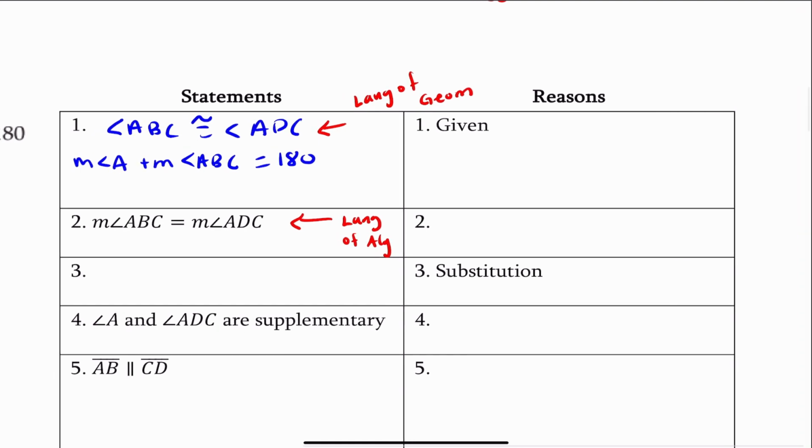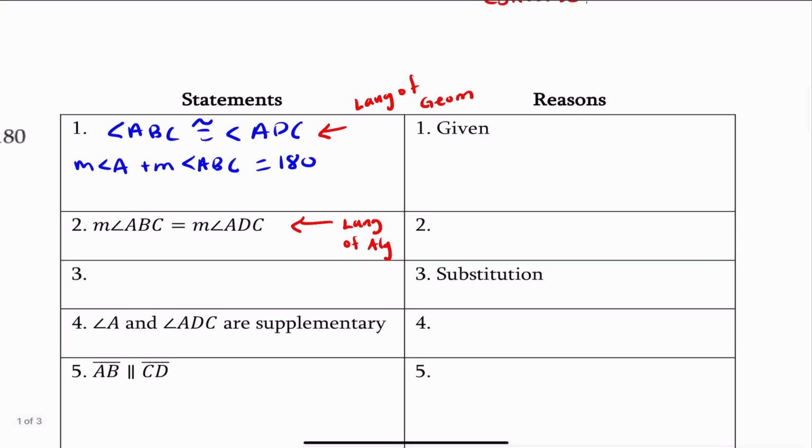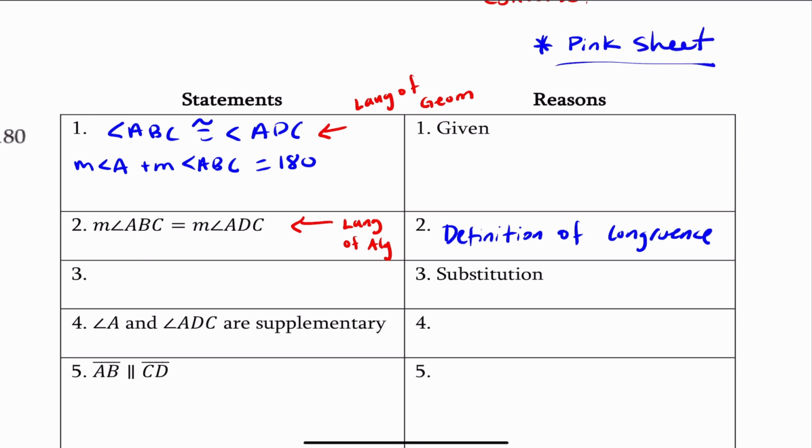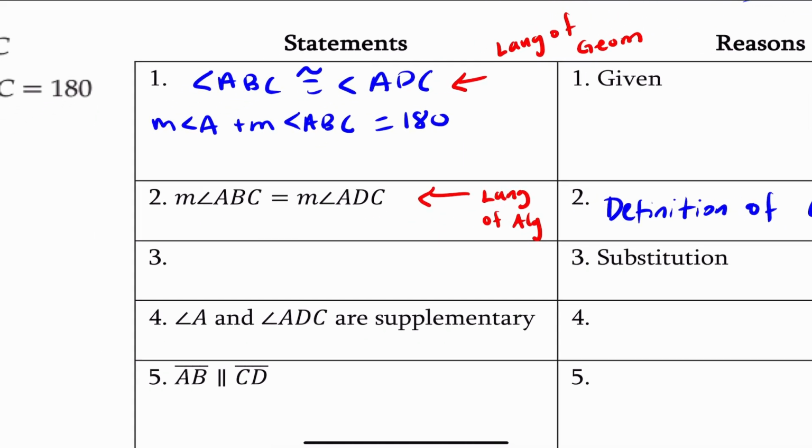And if I'm converting from the language of geometry to the language of algebra, I'm essentially using the definition of congruence. And always refer back to your pink sheets. So now, I know that the measure angle ABC is equal to the measure angle ADC.